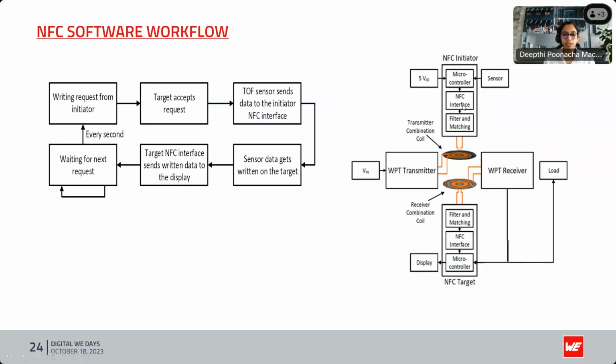Then after the hardware is defined, we need software to make the whole system work. And here is a short workflow overview of how the software is working. An initiator writes a request to the target. The target then accepts this request, and the time of flight sensor on the initiator side sends this data to the NFC interface on the initiator, and the sensor gets the data written on the target.